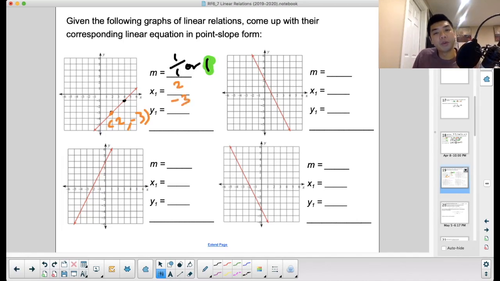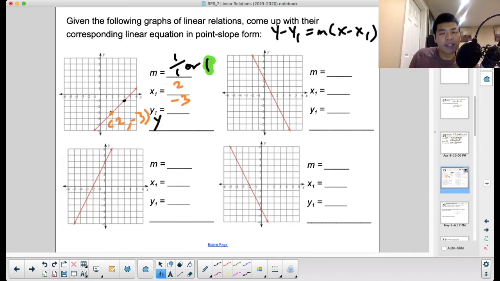And all we're going to do is plug those values back into point-slope form. So again, as a reminder, point-slope form is y minus y1 is equal to m times x minus x1. So we're going to put those numbers in. To start us off, we've got y minus y1.